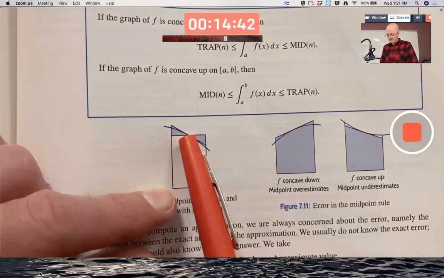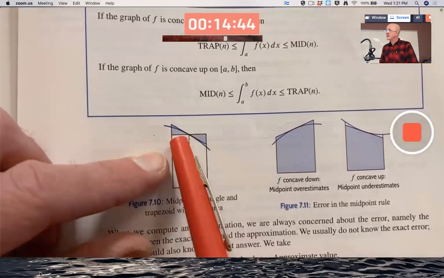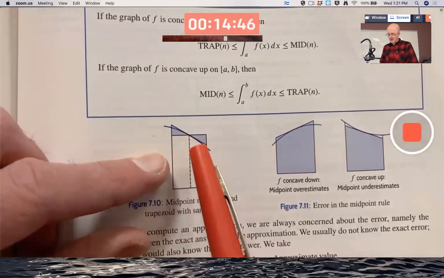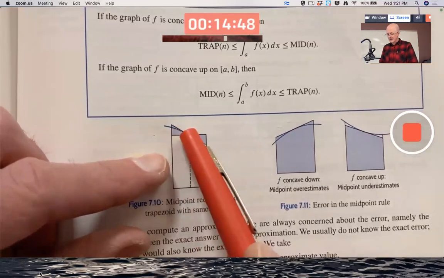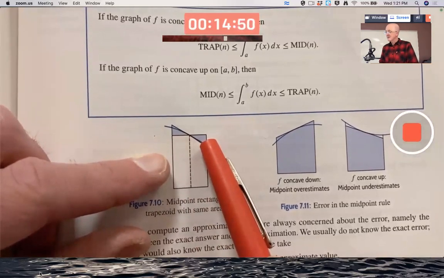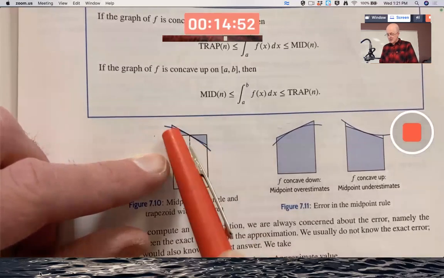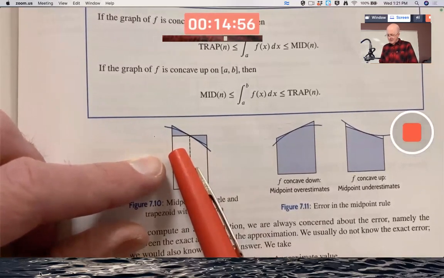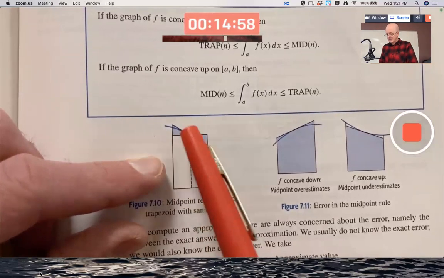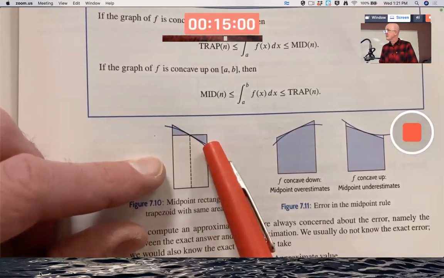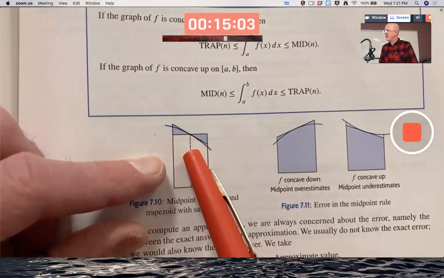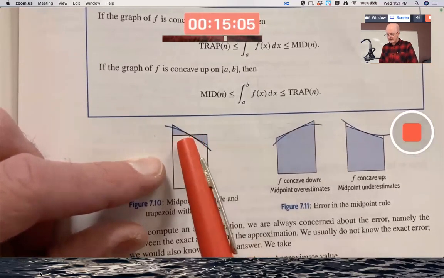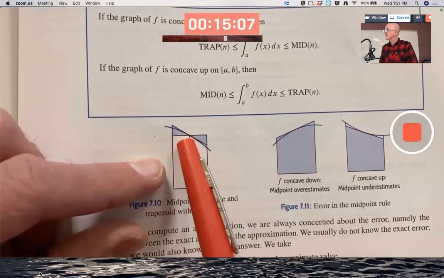However, if you take the top of that rectangle right there and rotate it around its midpoint until it becomes a tangent line, the new trapezoid has an area bigger than the area under the curve because the tangent line is above the curve. And that trapezoid has the same area as the original rectangle because we were rotating that line around the midpoint. It doesn't change the area.